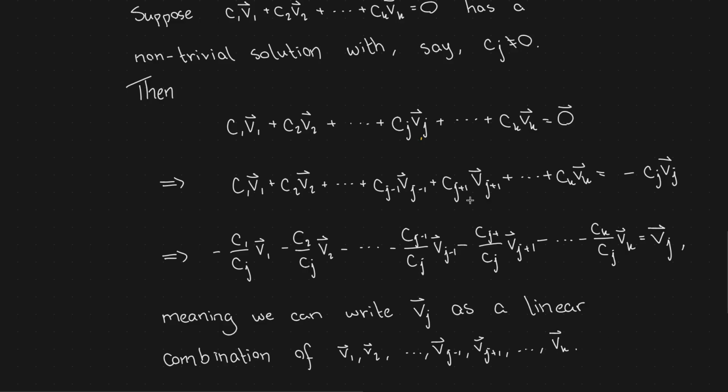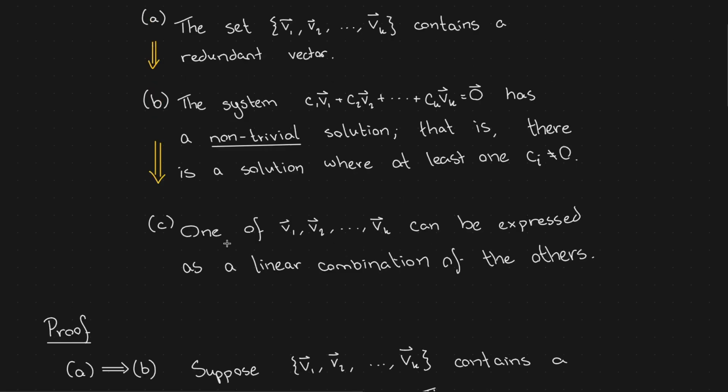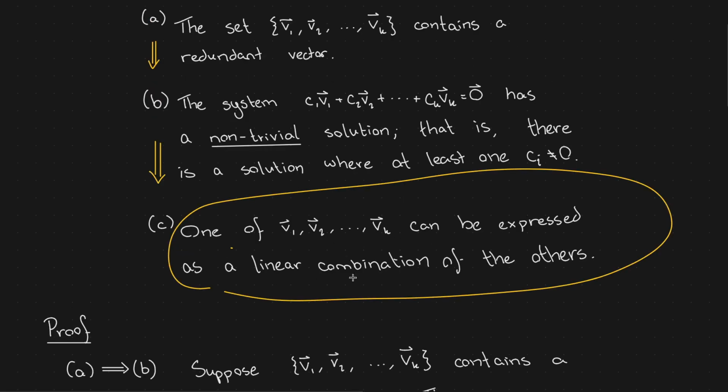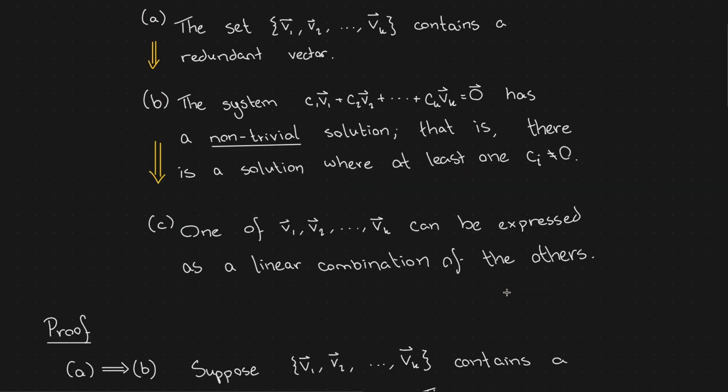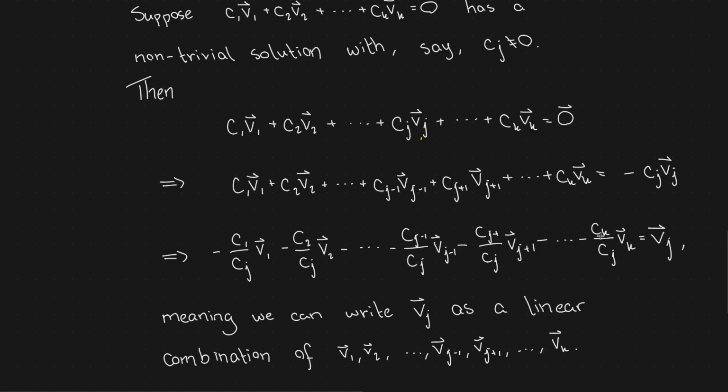And that's what we wanted to show. Part C is that one of these vectors can be expressed as a linear combination of the others. And that's what we did right here. Vector Vj is a linear combination of these other vectors. Okay?